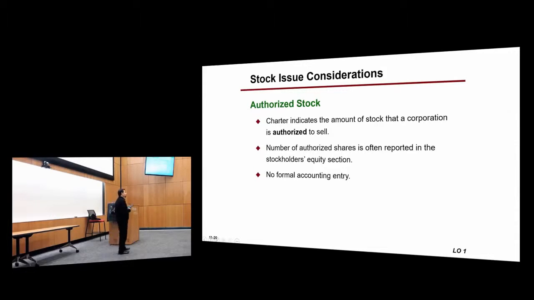Now, you need to understand that getting this authorization to issue stocks will not lead to an accounting entry. The company has not issued any stocks yet. They have not sold those stocks. The economic event has not happened yet. What happened is that they got the permission to issue stocks. It's when they actually issue stocks that the company will have to record that transaction.